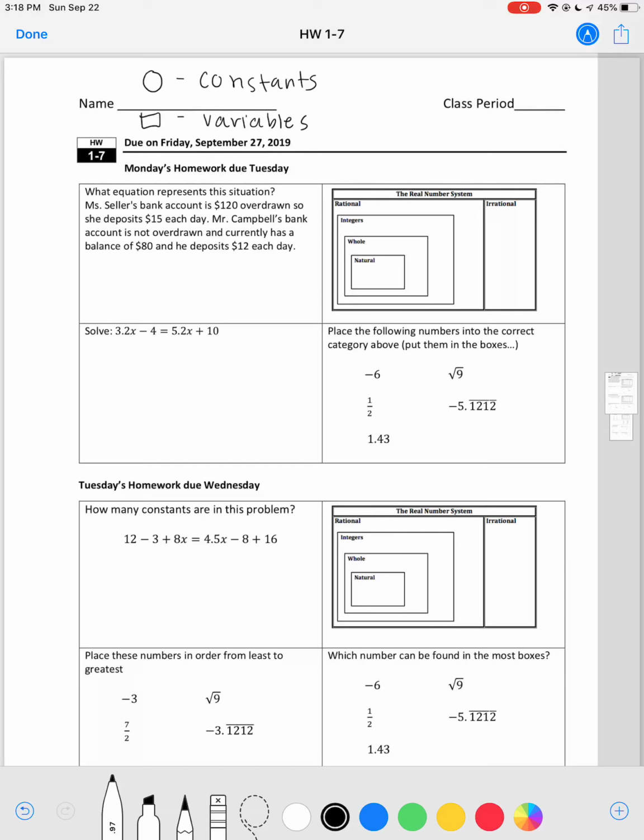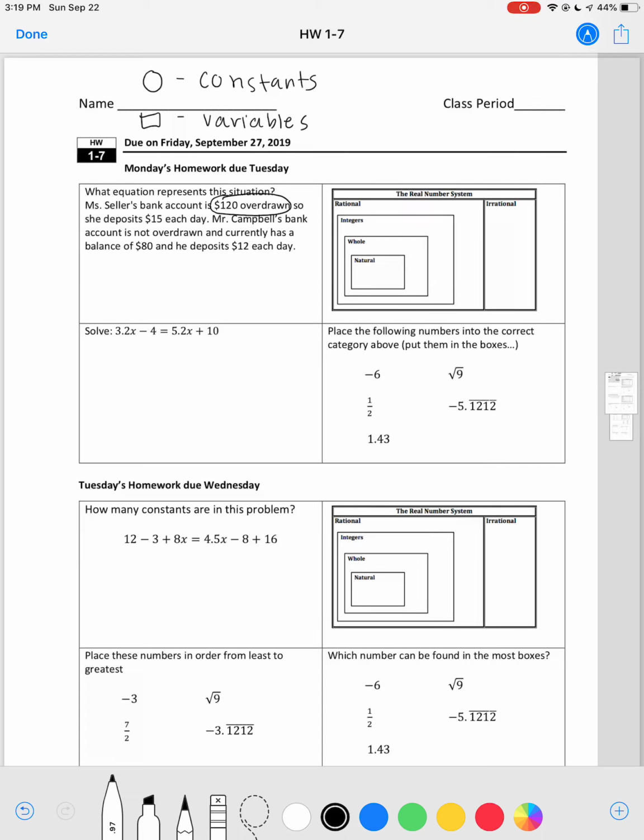So this first one, it says, what equation represents this solution? Miss Sellers' bank account is $120 overdrawn, so she deposits $15 each day. So I see this 120, but I also see that word overdrawn.